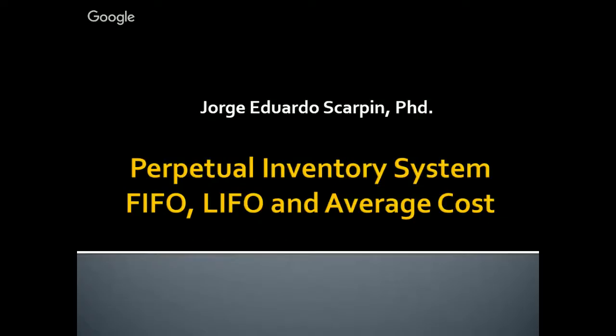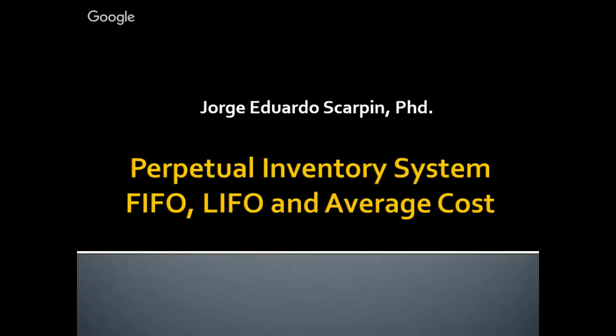And we have three ways of doing the perpetual inventory system: FIFO, LIFO, and average cost. FIFO means first in, first out. The first purchase we have will be the first goods that we take off our inventory.